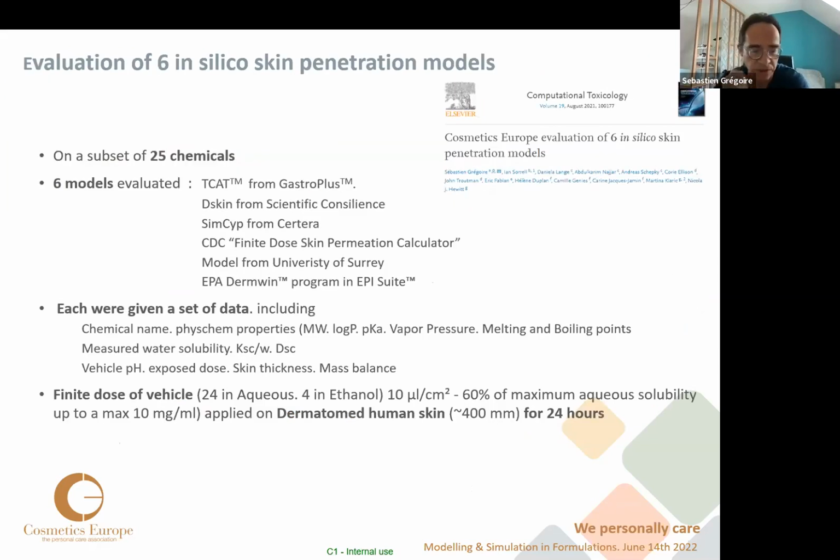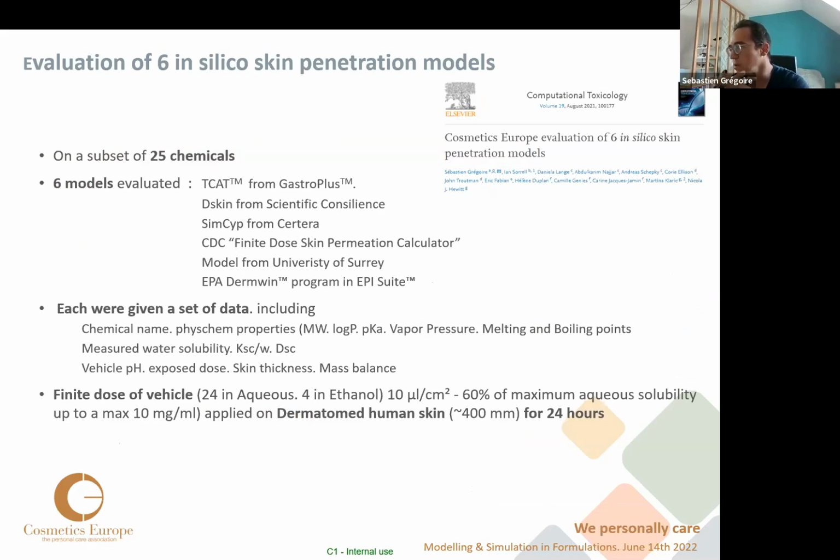Then the idea was to see what is the performance of the actual in silico models to predict the skin penetration. We worked on a subset of 25 chemicals. We evaluated 6 different models listed here.